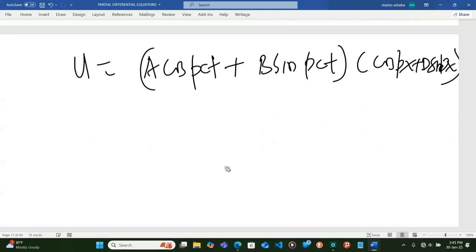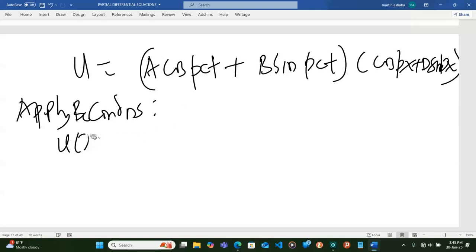Now I start applying the boundary conditions. So the boundary conditions that I have is that at x is equal to 0, the motion is also 0 because the string is stationary.